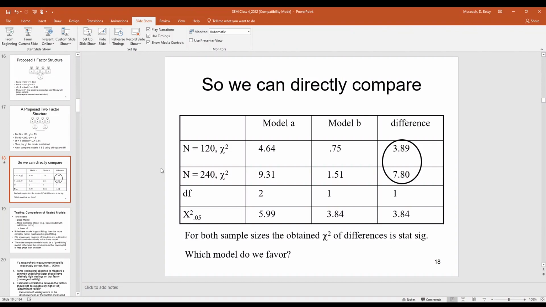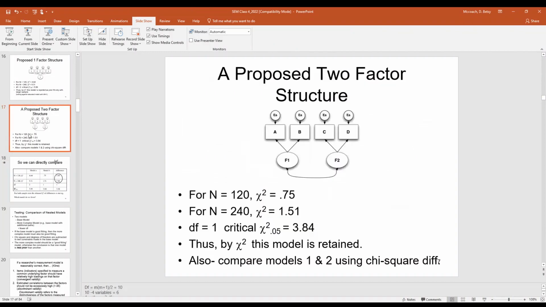Going back here, if you were trying to say, I think it should be a two-factor model, then you would be happy here. But if you were trying to make the case that all of these academic areas are actually just indicators of one general factor, then this would be bad for you, right? So it really depends on what your plan is or what your theory is.